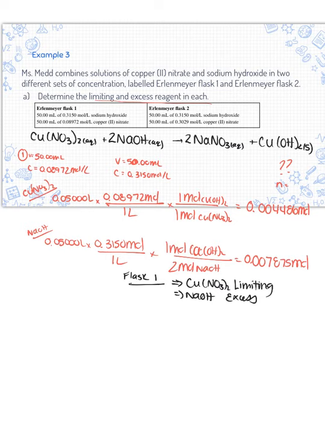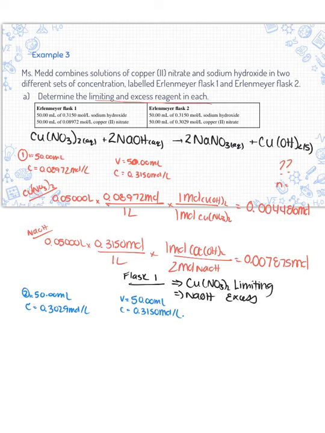We're going to go ahead and do the exact same thing for Erlenmeyer flask 2. So we had 50 milliliters of our copper nitrate, and it had a concentration of 0.3029 moles per liter. Our volume of sodium hydroxide and our concentration of sodium hydroxide didn't change in this case.